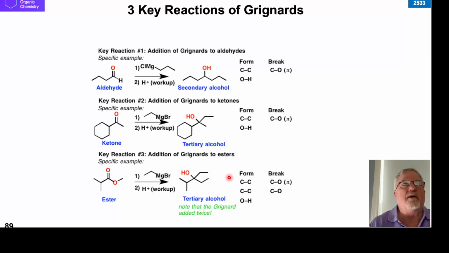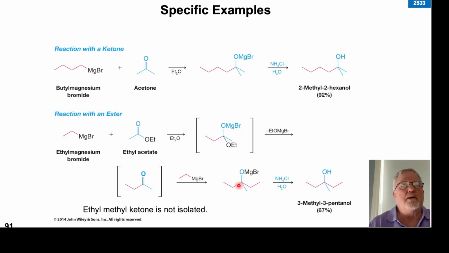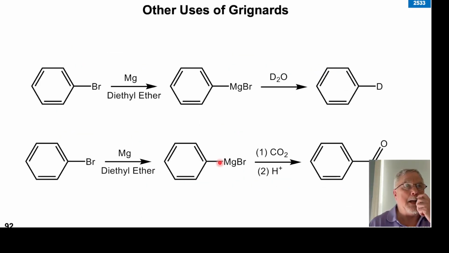So that's our summary for the reactions of Grignards with carbonyl compounds right now. Here are some specific examples. I won't go over them; you can take a look at them on the slides. We see specific examples in these two slides.